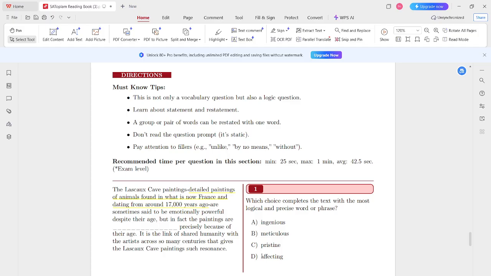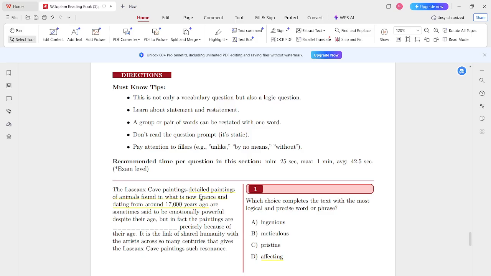And the last answer choice, affecting. Affecting is in some way similar to emotionally powerful. This is the nearest word. This is the most logical word to complete the text. Now, let's read the text fully and put this word there.